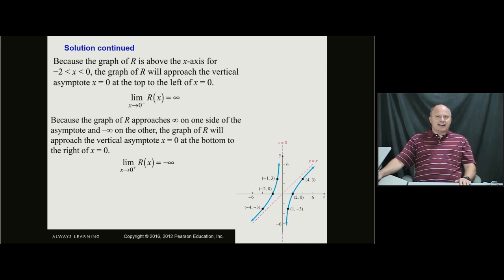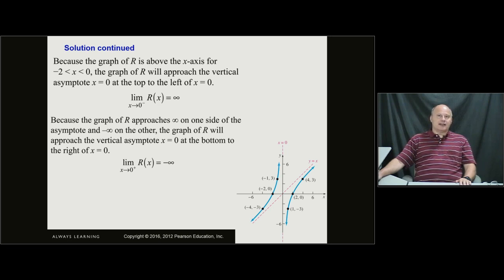So pretend you only had the x-intercepts and you don't have those additional points. Could it be anything else? You've got to cross the x-intercepts because of Kolbe. It's positive on one side of the graph, so it's got to be negative on the other side.